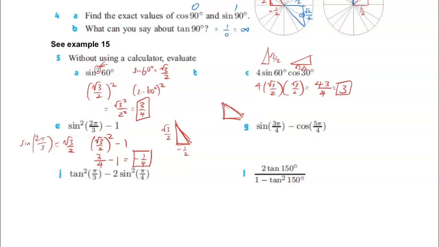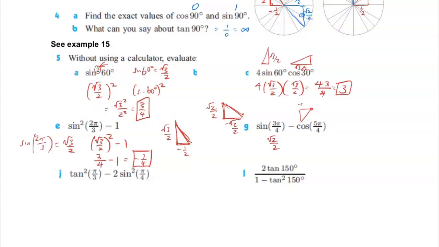Okay, so what are the x and y coordinates here? It would be a medium length legs, so it'd be negative square root of 2 over 2 pointing to the left, positive square root of 2 over 2 pointing up. So the sine value would be positive square root of 2 over 2, right? What about cosine 5 pi over 4? What does 5 pi over 4 look like? 5 pi over 4 is a triangle pointing down into the third quadrant.